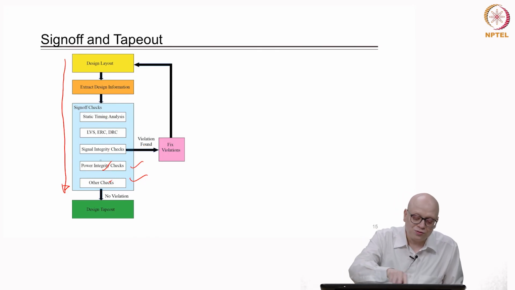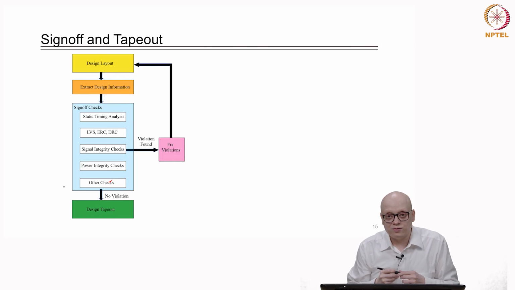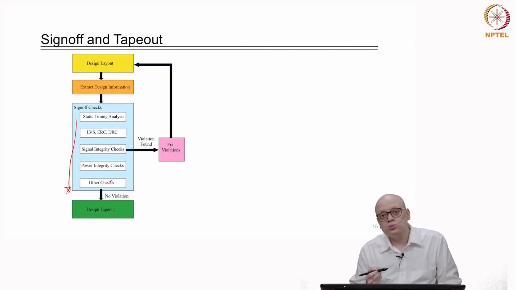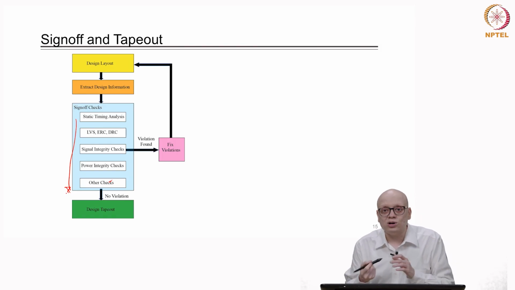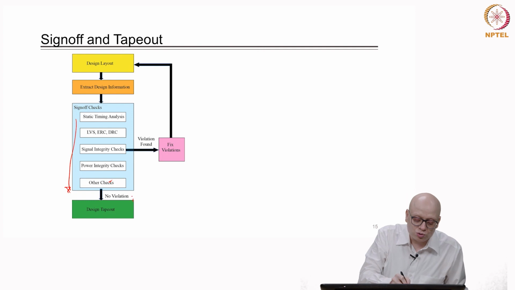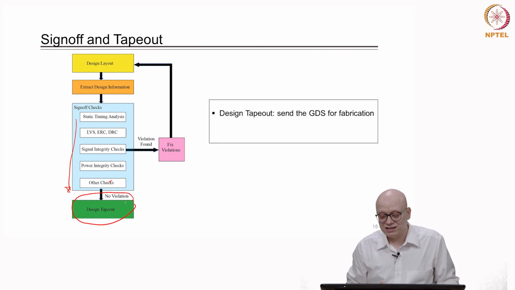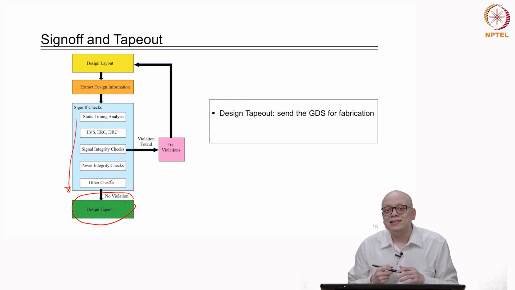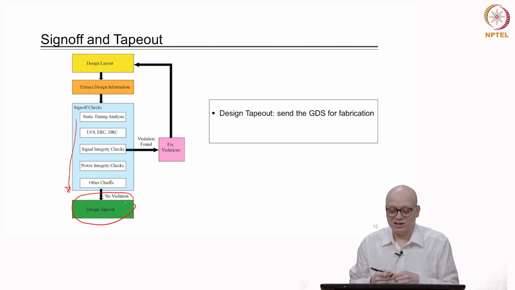So once we are free with all these verification tasks, and they show that there are no issues in our design, or the issues, if they exist, are tolerable, then we go to the next step, and the next step is the design tape out, right. So what is design tape out? Design tape out means that we send the GDS or the layout to the foundry for fabrication, right.